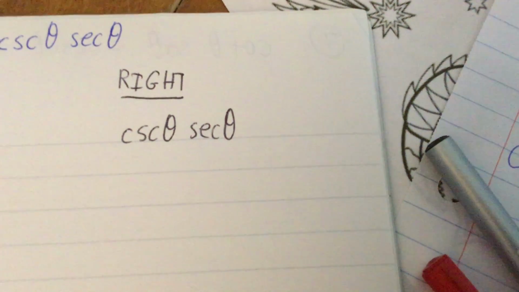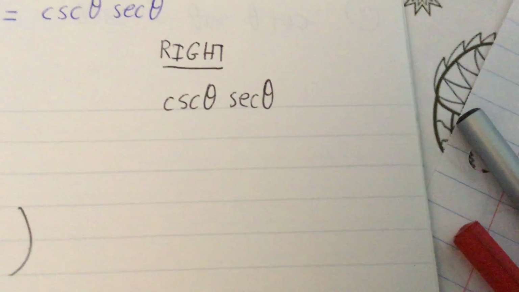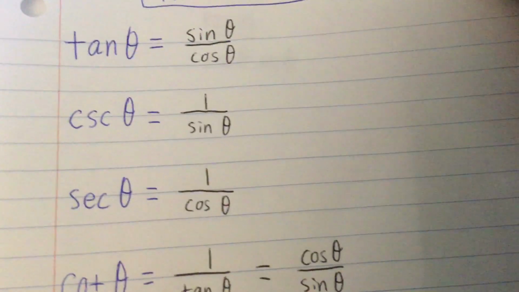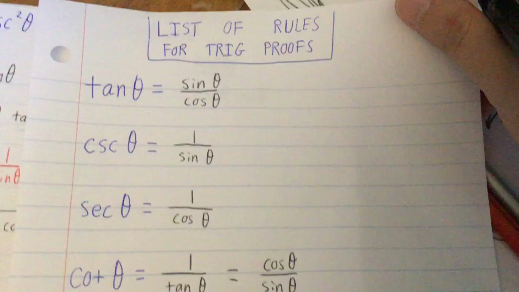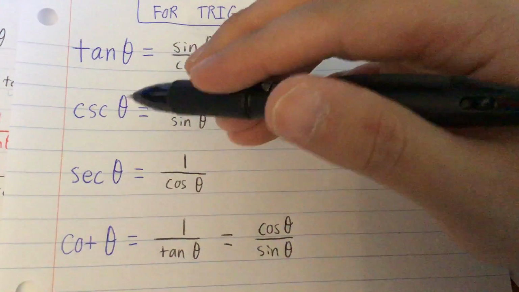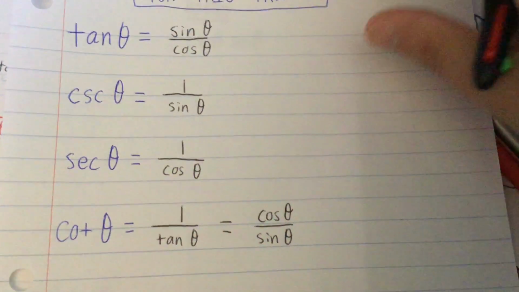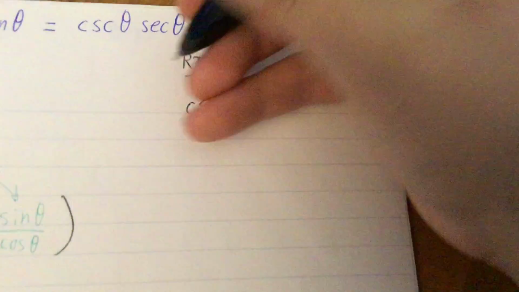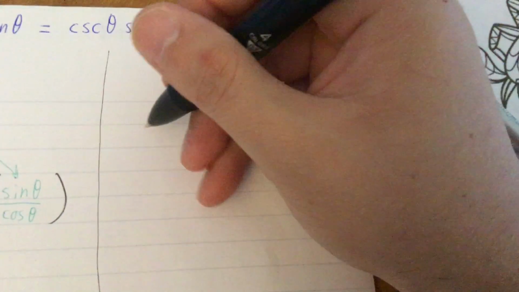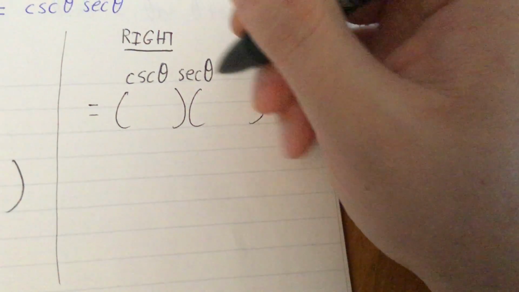Okay, can I manipulate cosecant and secant using my list of rules? Well, using my list of rules for trig proofs, cosecant is 1 over sine, and secant is 1 over cosine.